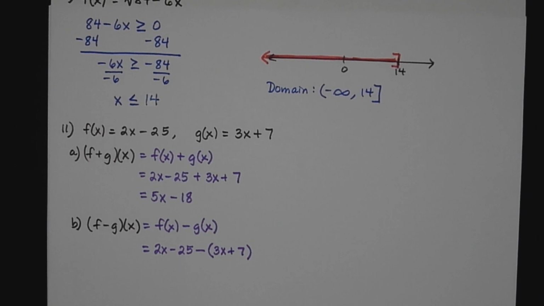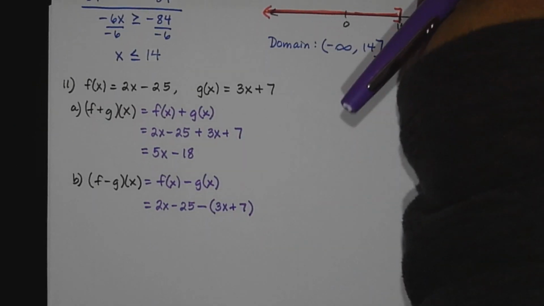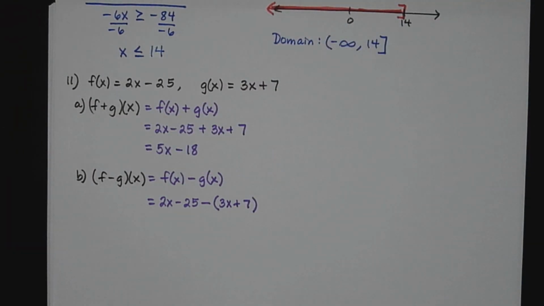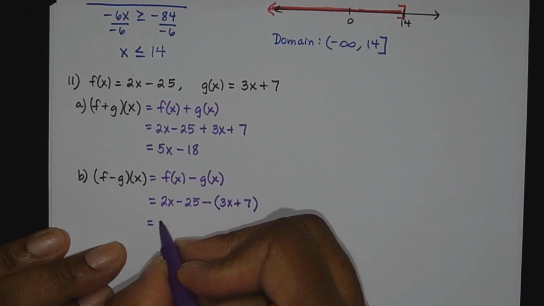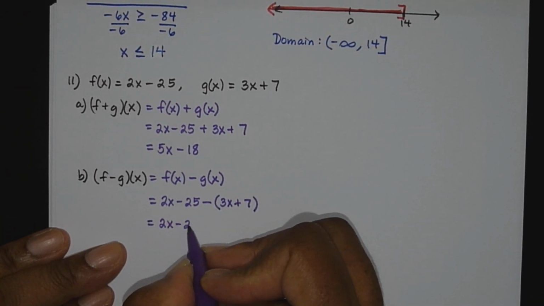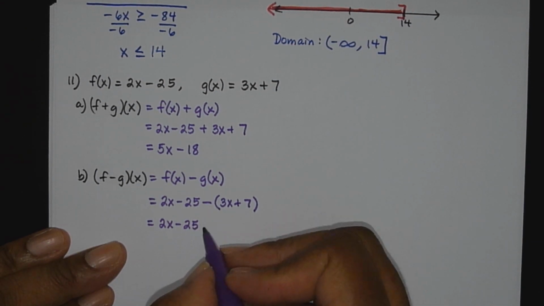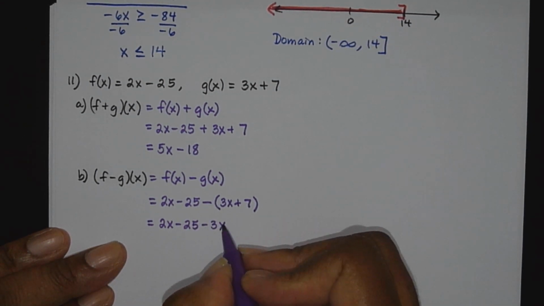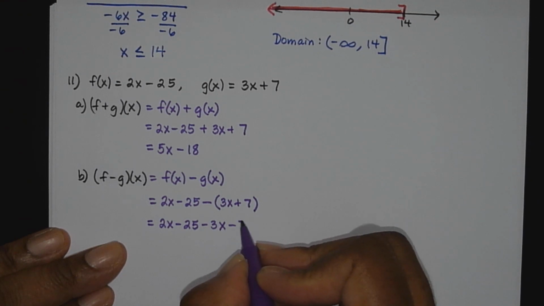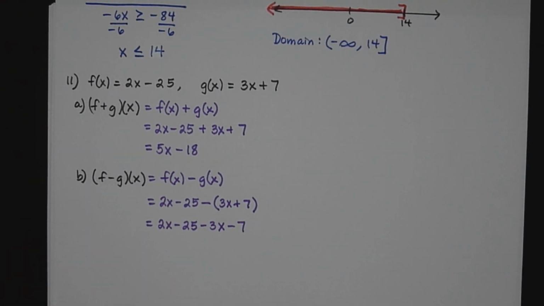That's because you're subtracting the entire g of x function from f of x. So now, what's going to happen here is that minus sign will make the 3x negative 3x, and the minus sign makes the plus 7, minus 7.